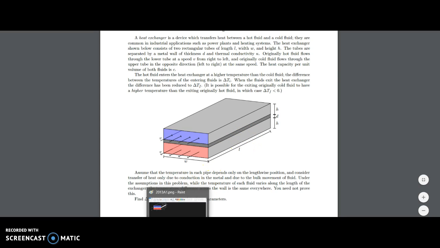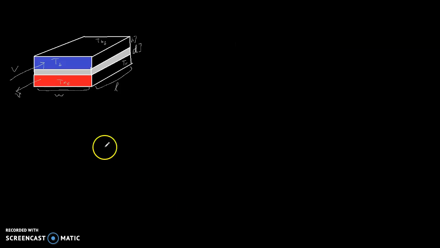So, in this problem, initially the temperature difference between the entering fluids is delta Ti. And in this diagram, the first thing I do is I label unknowns with variables.